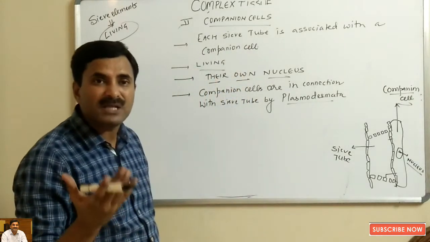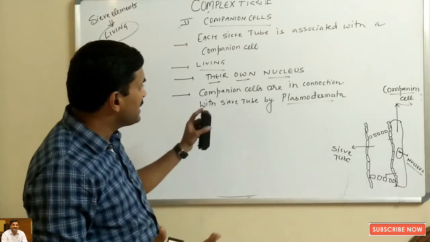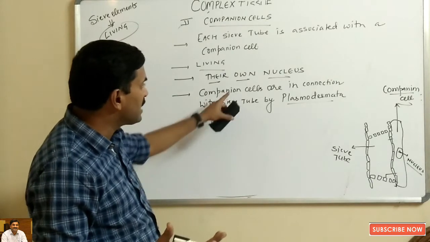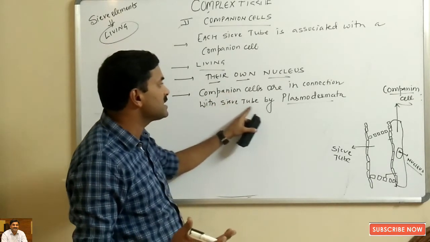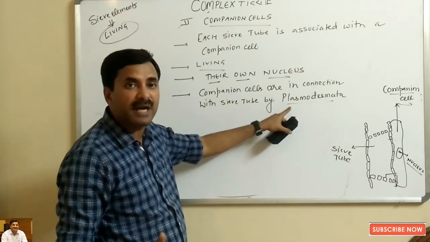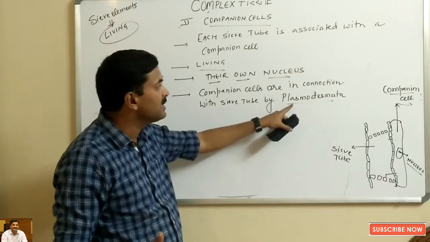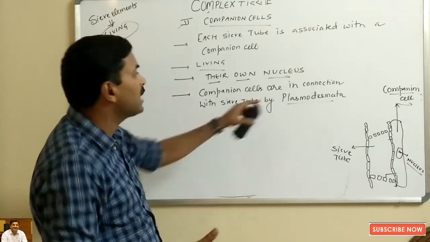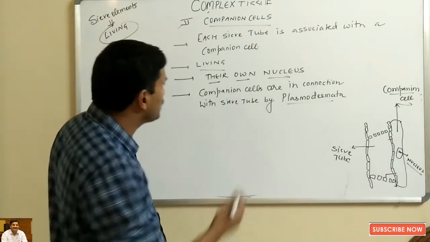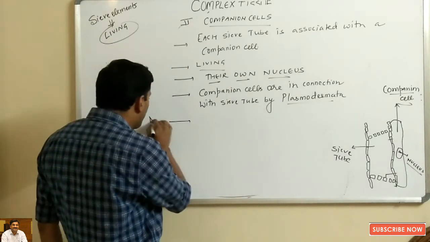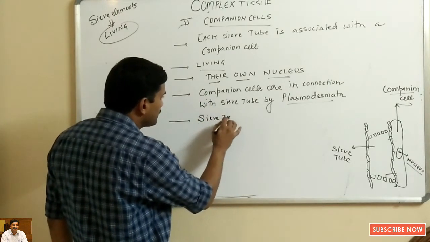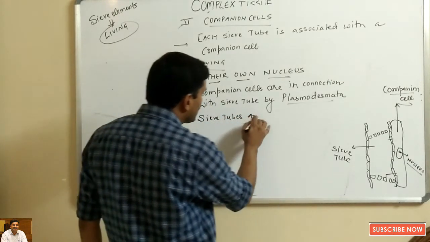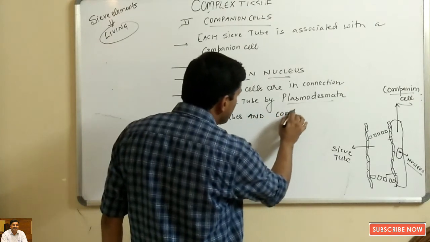They are the cytoplasmic strands, and they are actually connecting the companion cell and the sieve tube. So both the companion cell and the sieve tubes are in connection with the help of special cytoplasmic strands, and these cytoplasmic strands are known as what? The plasmodesmata.